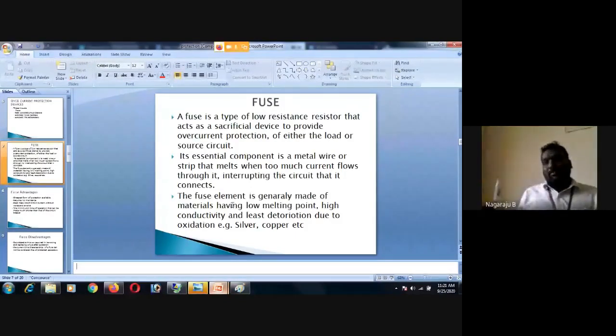Whenever loads are increasing, automatically the reactance effect of the load is going to appear; you know about that. The effect of a particular load is reflected to the source side, so the source is affected by the reactance effect.